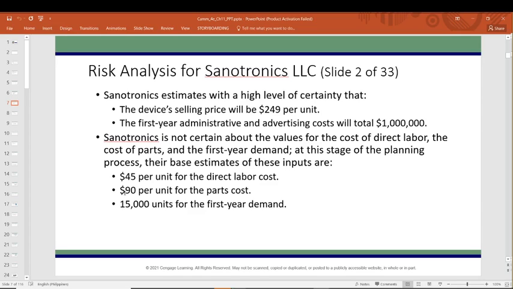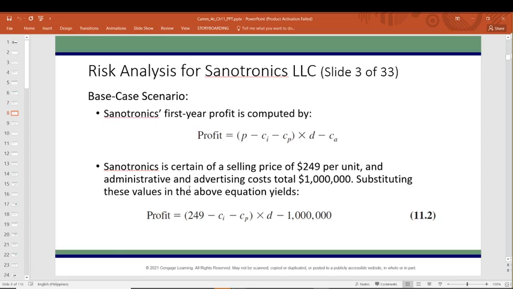So we begin our risk analysis by considering a small set of what-if scenarios. Let us recall that Sonatronics is certain of a selling price of $249 per unit and administrative and advertising costs total of $1 million.